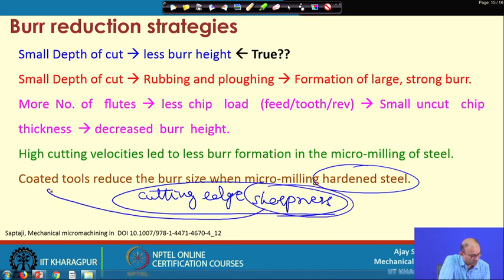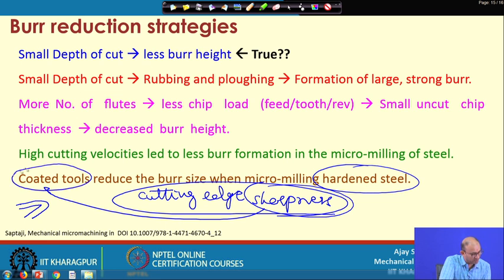That is possible by coating the cutting tool. So, if you coat the cutting tool, what is going to happen? The coating is very hard, and when this is the cutting tool and this is the coating on top, obviously you will get a little bit of rounding of the edge because of the coating, but that is still within the limit of the uncut chip thickness and edge radius features that we want to fabricate.